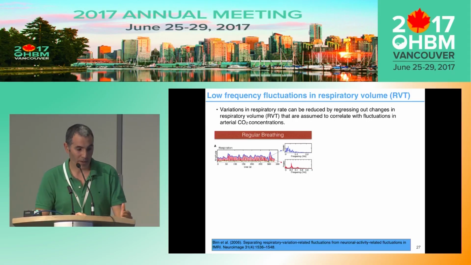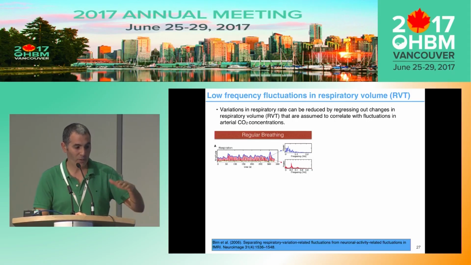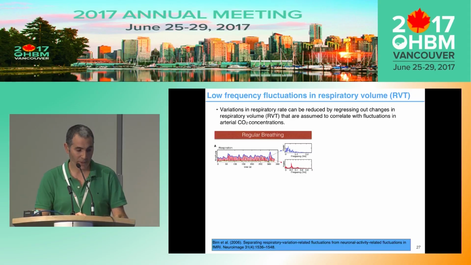So, for instance, in regular breathing, if we look at the envelope of the respiratory signal, we see that it has a very low frequency response, that it doesn't overlap with the main frequency of the respiration.